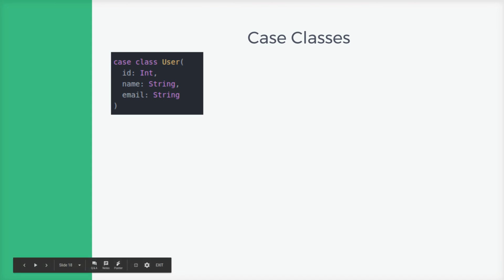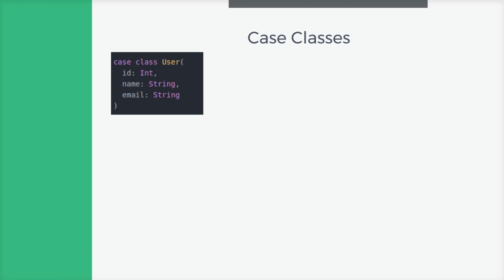We haven't talked about var, but var is a way to tell Scala that the attribute is a variable, that means that we can modify the attribute after it is assigned. In this case, by default, all the elements are values, so it's an immutable class. And this is exactly the same as a class, but it has some advantages because the compiler is generating code by itself to make our lives easier.